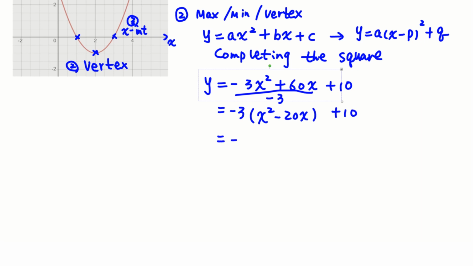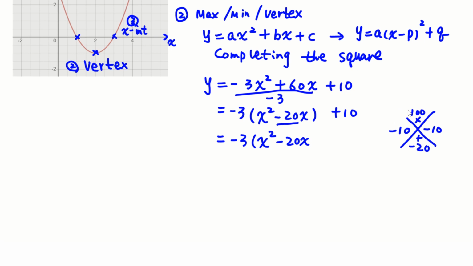After that, we take half of this number, negative 20. Half of it will be negative 10, negative 10, and times together gives you 100. So it means we are going to minus 20x, then plus 100.